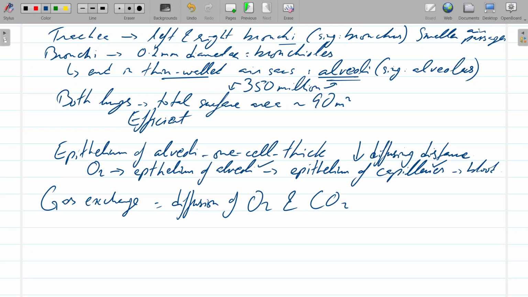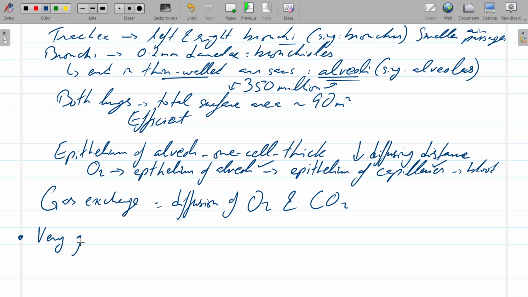Yes. Okay, now, what also helps in the efficiency of gas exchange is that there is a very good blood supply. And just like we talked about in the villi, the blood is continuously flowing and that maintains a concentration gradient which helps in diffusion, right? Same thing's happening over here.